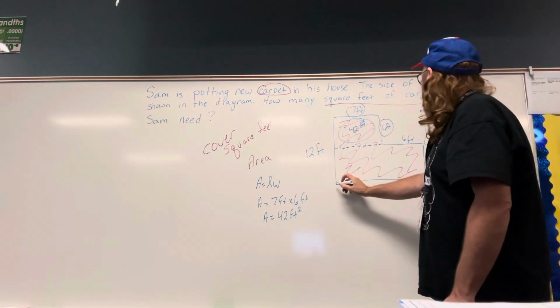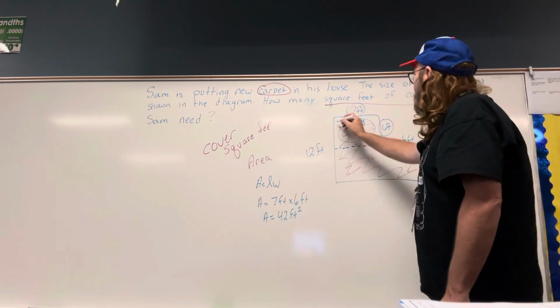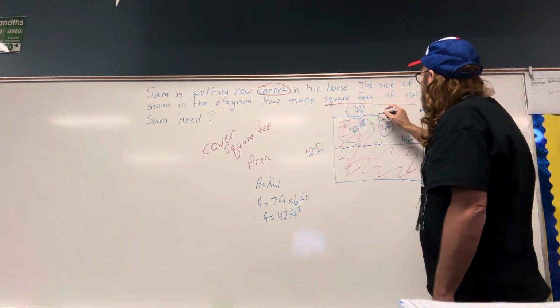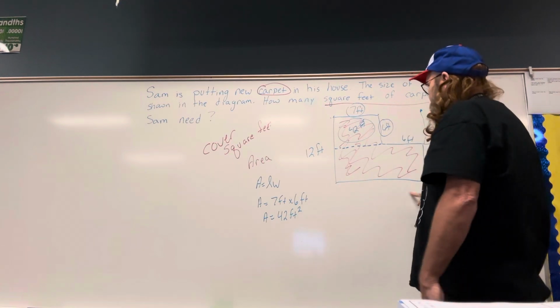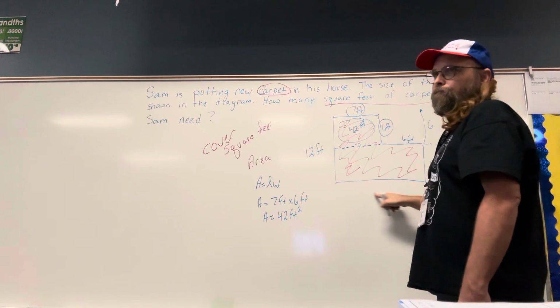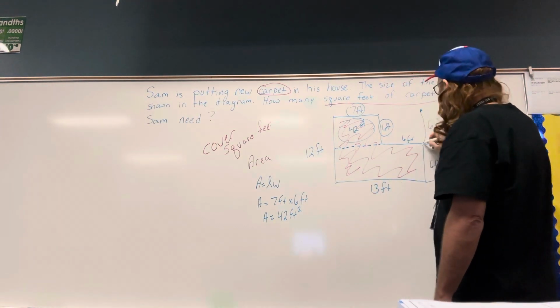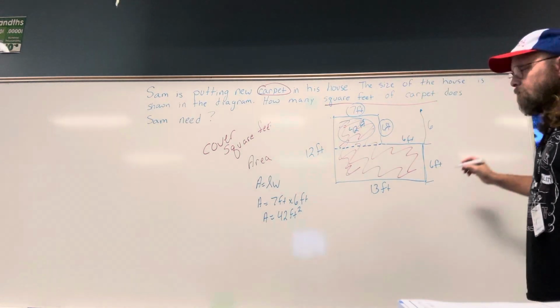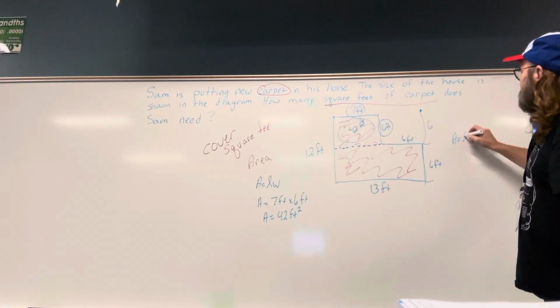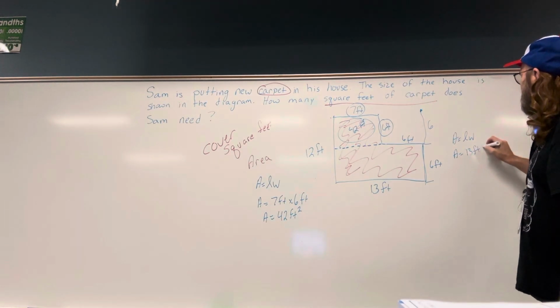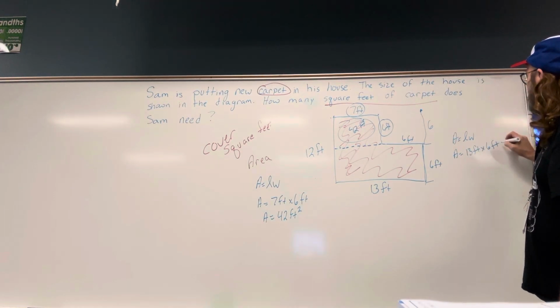Well, I know that from here to here is 7, from here to here is 6, so the length of the bottom is going to be what? 13. This is 13 feet, and this is 6 feet. So if area equals length times width, area equals 13 feet times 6 feet.